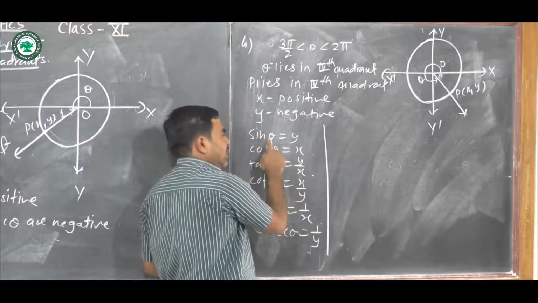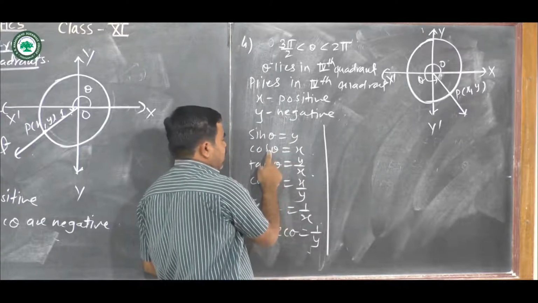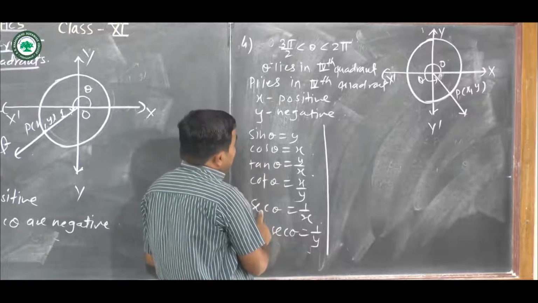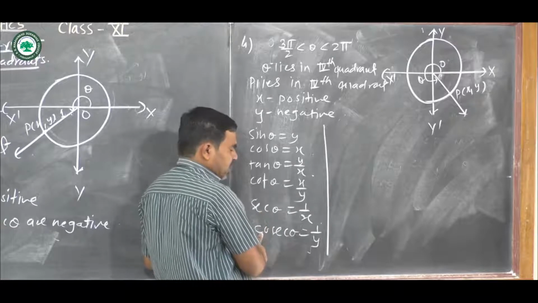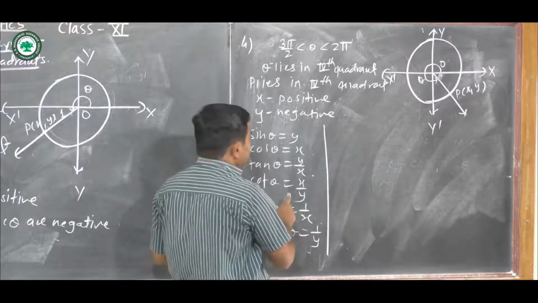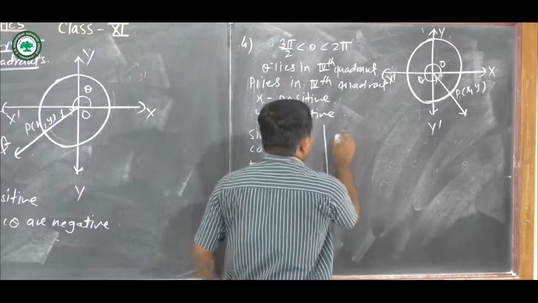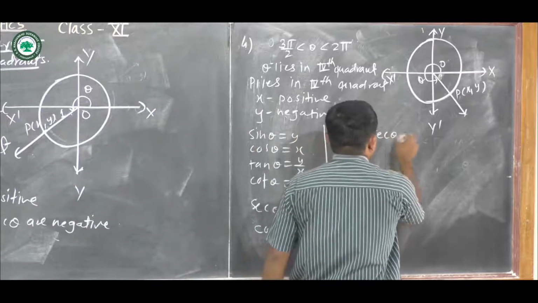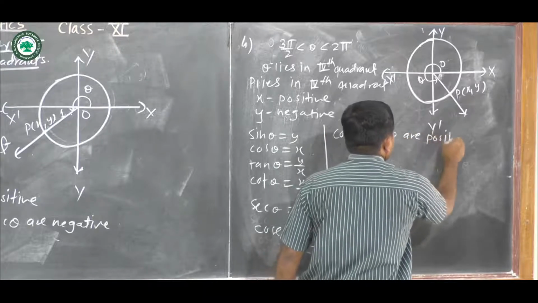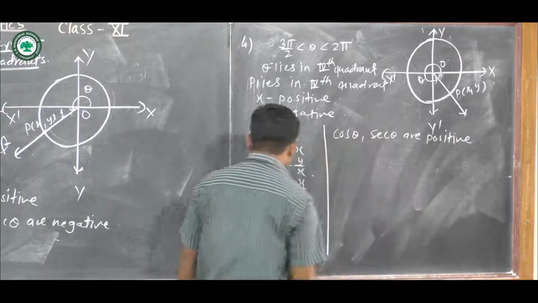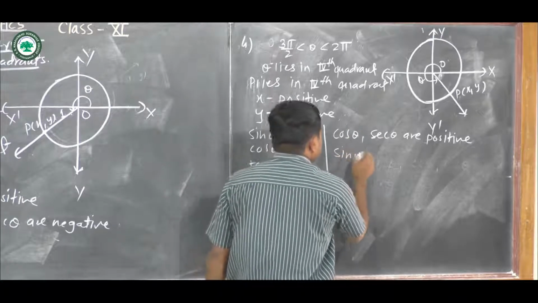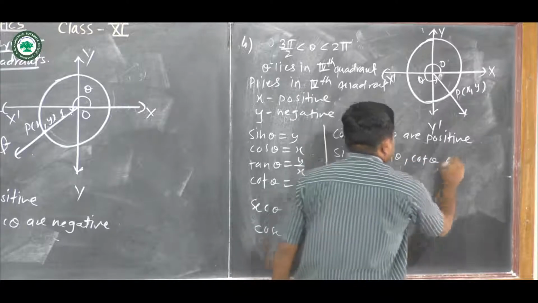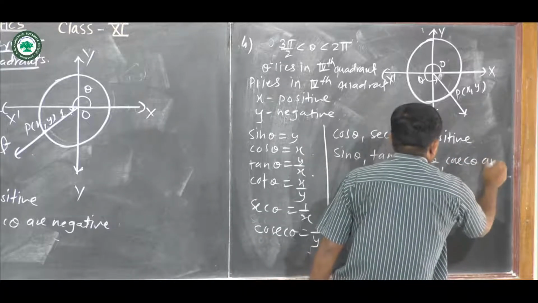Y is negative, so sin theta is negative, cos theta is positive, tan theta is negative, cot theta is negative, sec theta is positive, and cosec theta is negative. So only in fourth quadrant, cos theta and sec theta are positive. Remaining 4 ratios, sin theta, tan theta, cot theta, and cosec theta, are negative.